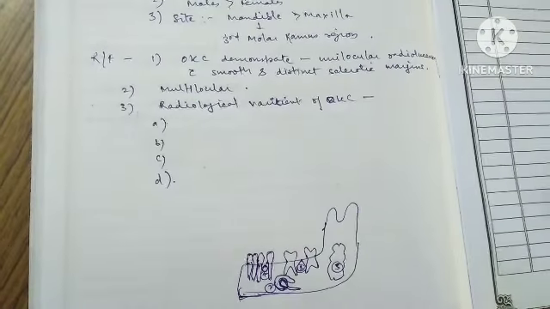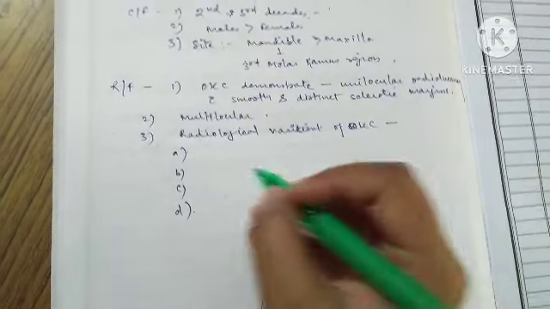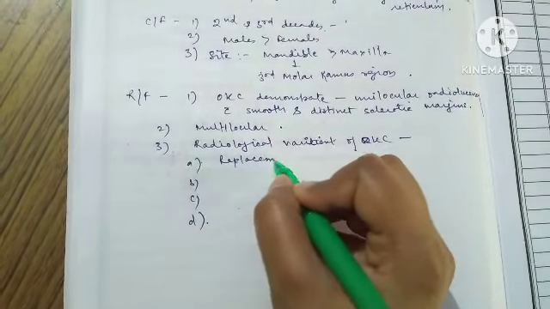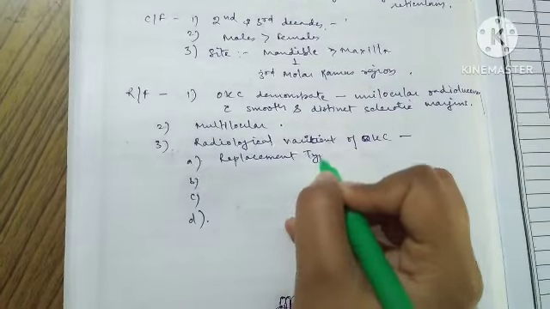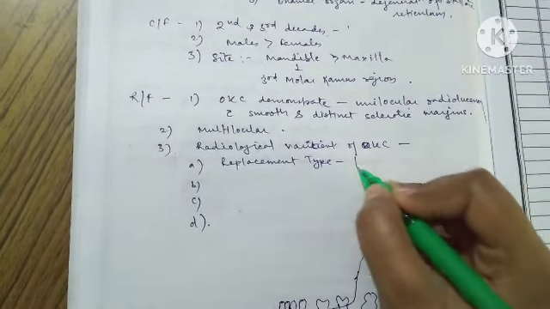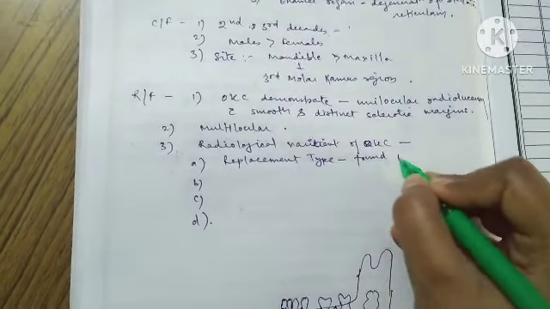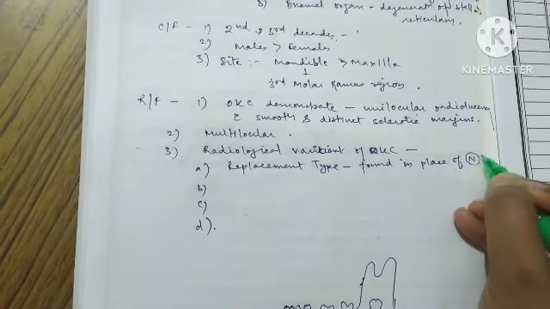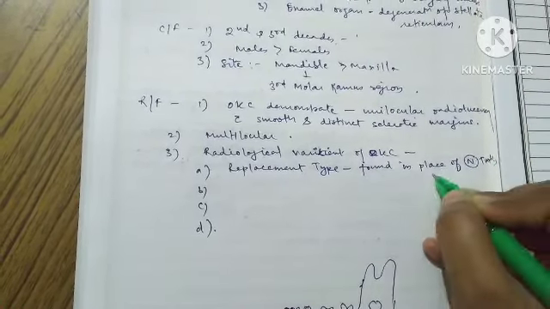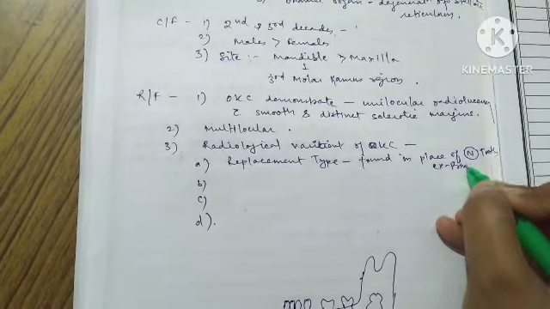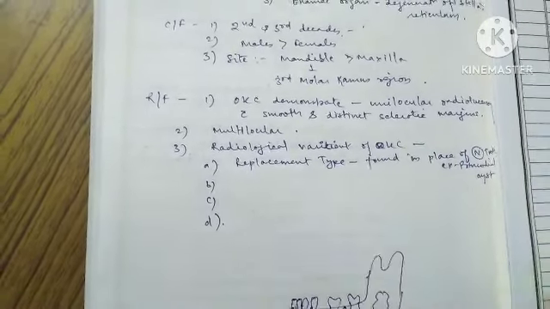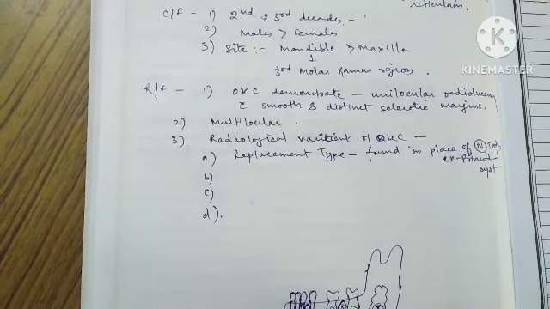First one is the replacement type. It is found in place of a normal tooth, right? Example, primordial cyst. Like this, in place of a normal tooth.